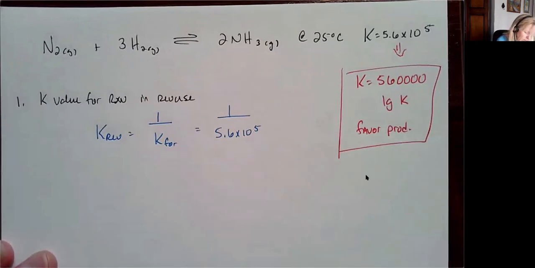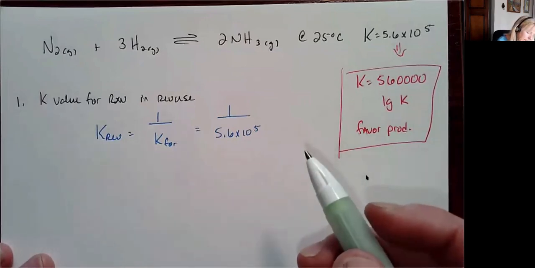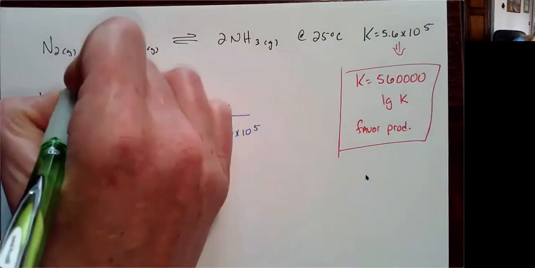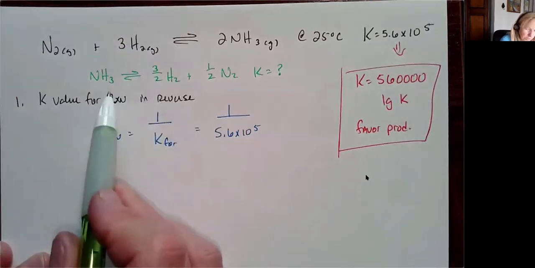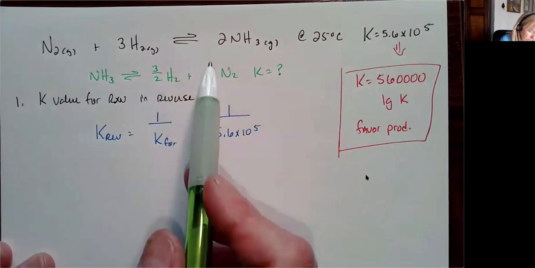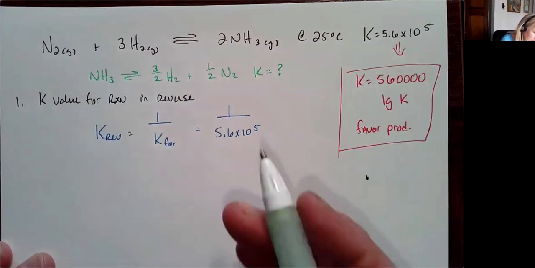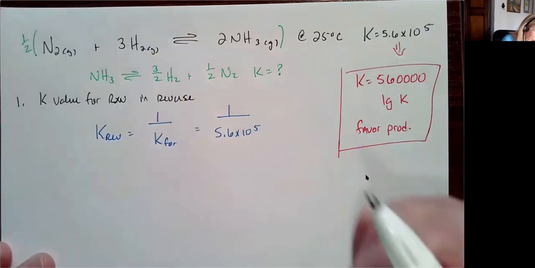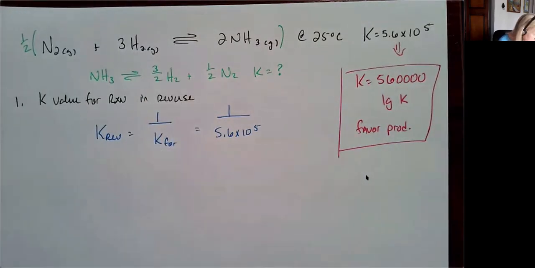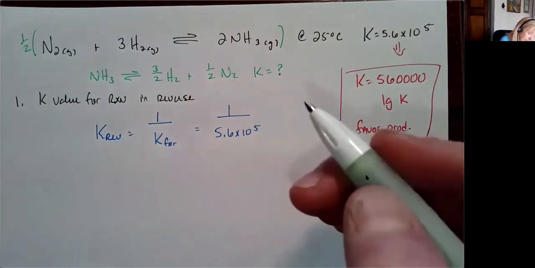The other thing I'm going to do to this reaction is multiply it by a half. So I want to look at it in reverse, and I'm going to take half of it. So this is the reaction that I want to find the K value for. The first step is I reversed it, so now I have K in reverse. And then I've taken this whole reaction and multiplied it by a half, so my K new is going to be to the 1/2 power.